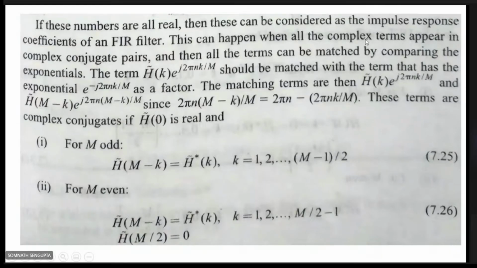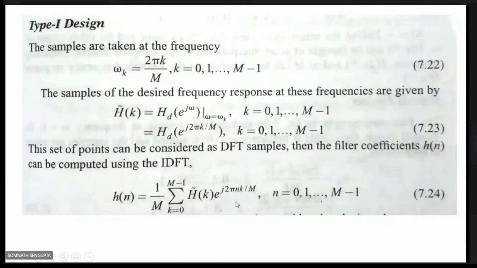If these numbers are all real, then they can be considered as the impulse response coefficients of an FIR filter. Now, since there is an exponential term, an imaginary term, this number may sometimes be complex.